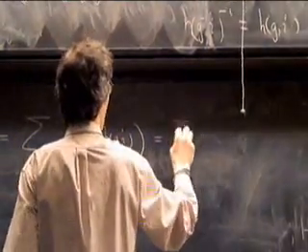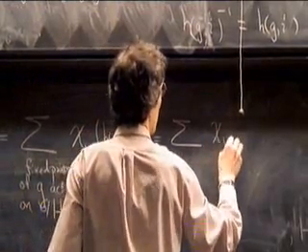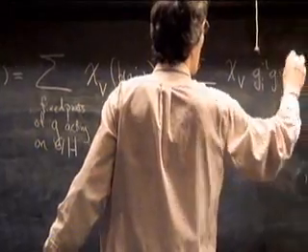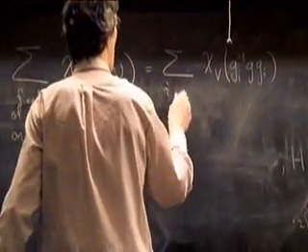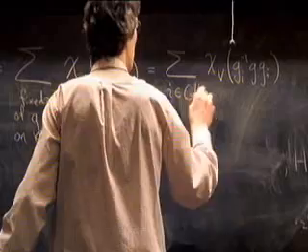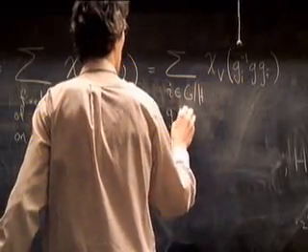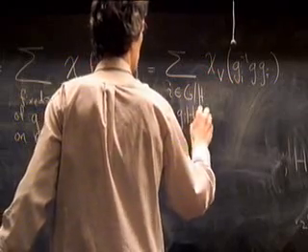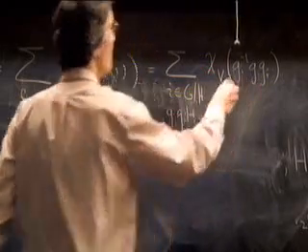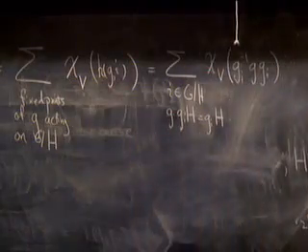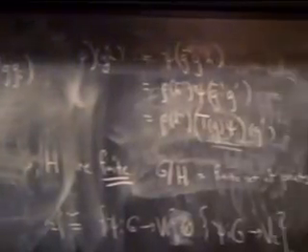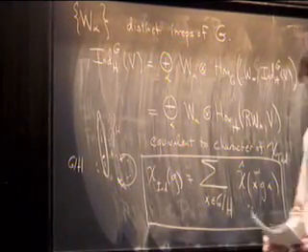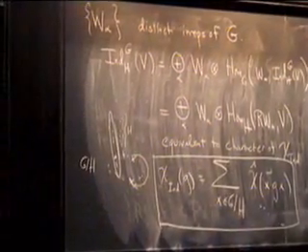So this is the sum of chi_V of g_i inverse g g_i, summing over i in G mod H such that g dot g_i H is equal to g_i H. And that's exactly this formula over here. So that gives you a geometrical proof of this beautiful Frobenius Reciprocity theorem.